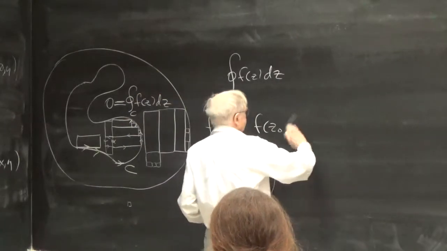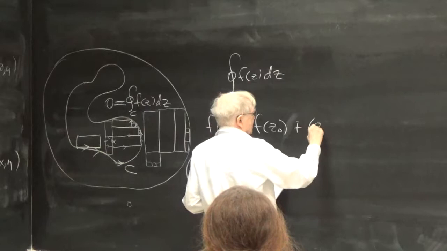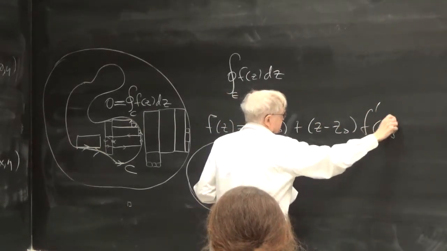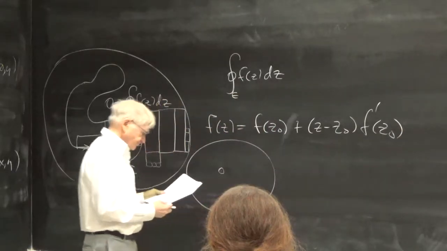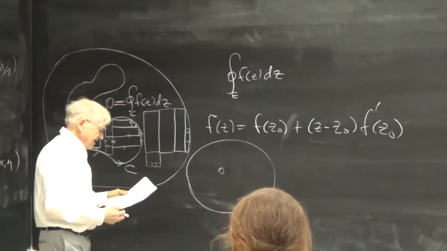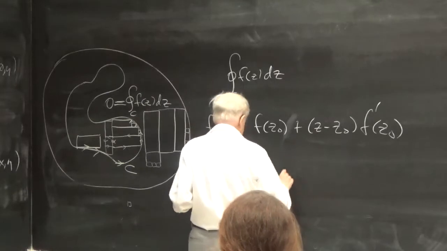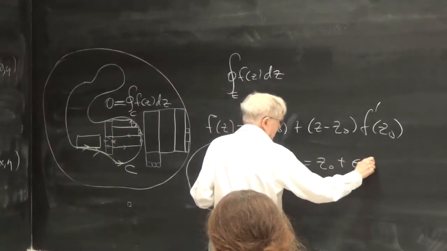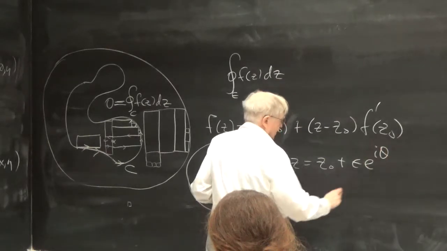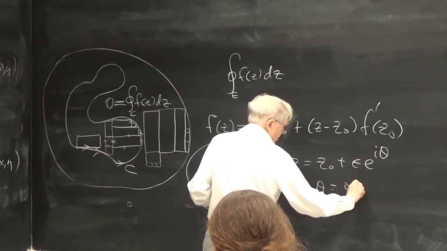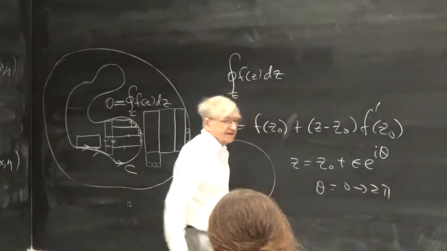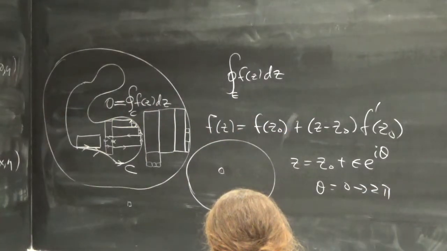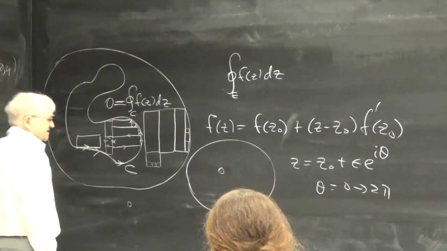So f of z is approximately f of z0 plus z minus z0 times f prime of z0. And these points z are going to be z0 plus epsilon e to the i theta, where theta runs from 0 to 2 pi. So those are the points of a tiny circle that surrounds the point z0.